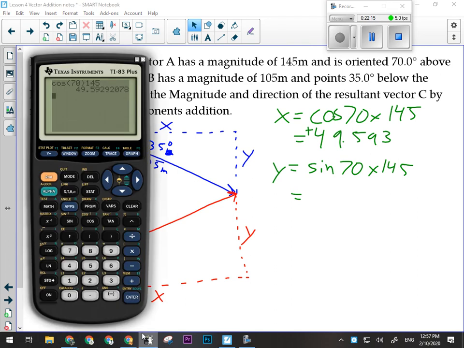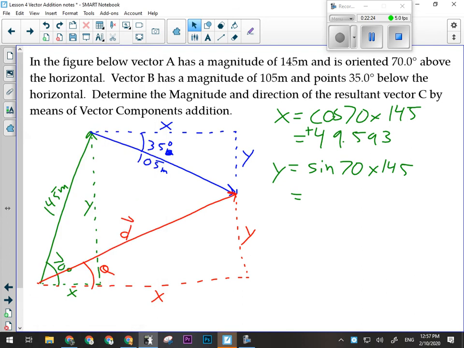Sine of 70 degrees times 145 is 136.255. And that's also positive because it's up. Everybody with me so far on what I did with the green triangle?